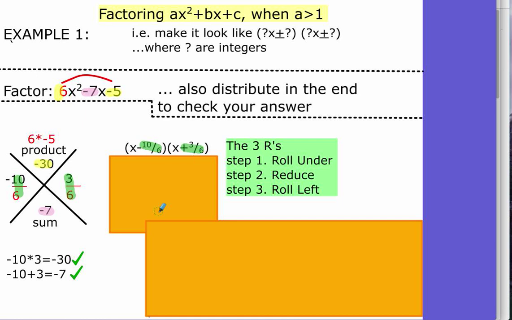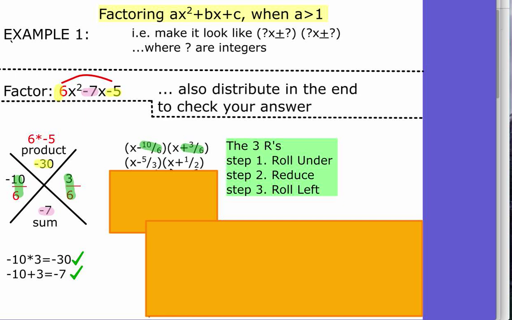The next step is the second R, which is reduce. We're going to reduce these fractions, and we are going to get x minus 5 over 3 and x plus 1 over 2.